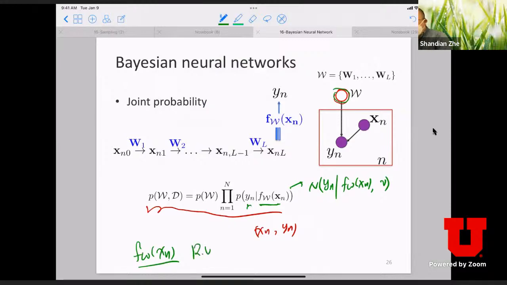That means it can take a lot of different values. It has a distribution, because it's a random variable. So we're interested in, given the data, what's the distribution of your output. It could be some Gaussian or whatever other complicated distribution, but it's no longer a point. Other questions?